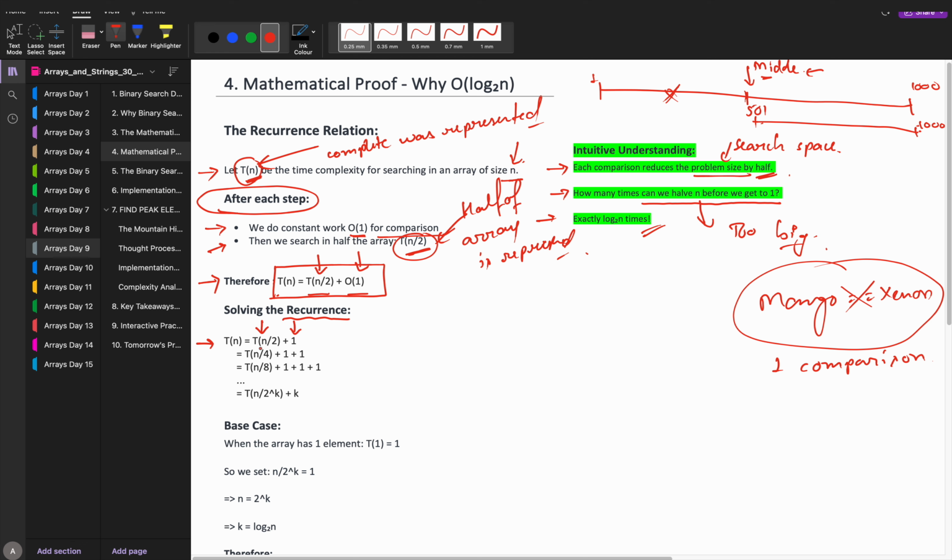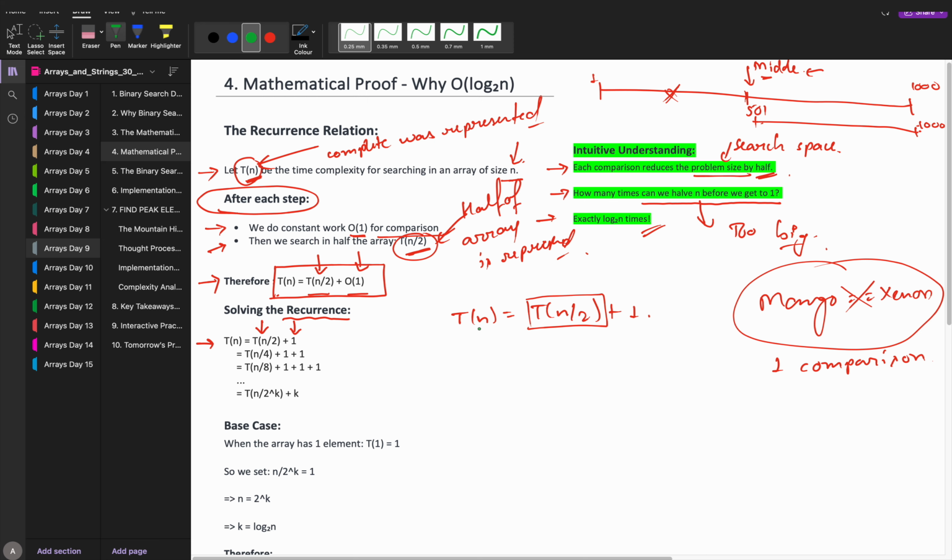Now this represents the time taken to solve this half of the problem, because one of the halves we have already discarded. Only one half is what we are going to work with. So if T n equals T n by 2 plus 1 is my equation, what can I write in the place of T n by 2?